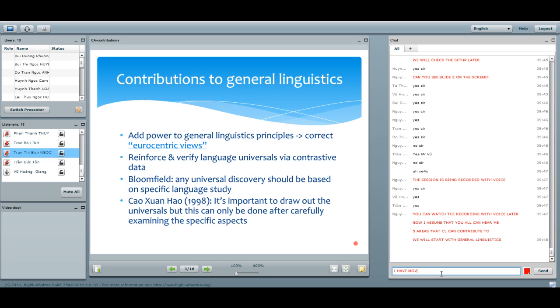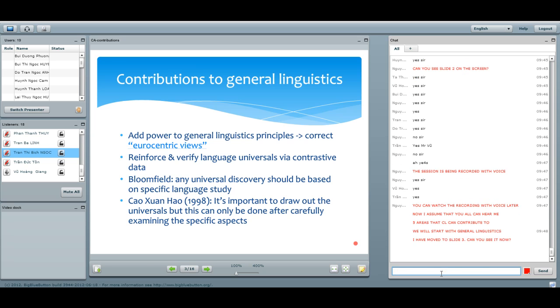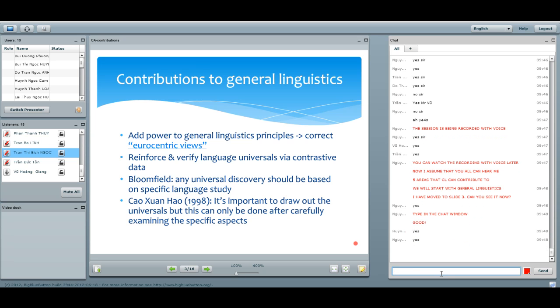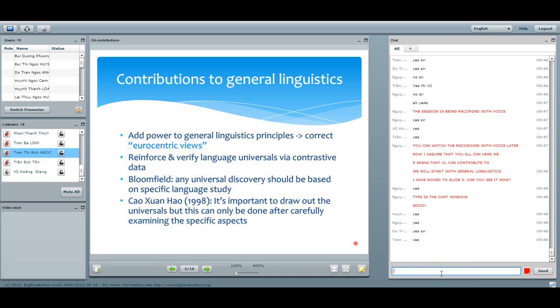Now I have moved to slide 3. Can you see it now? Good.